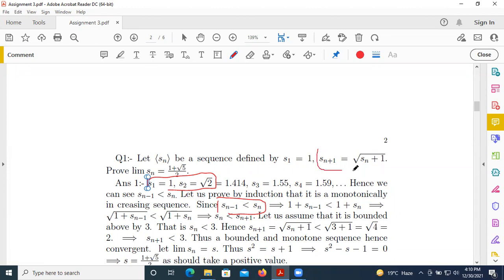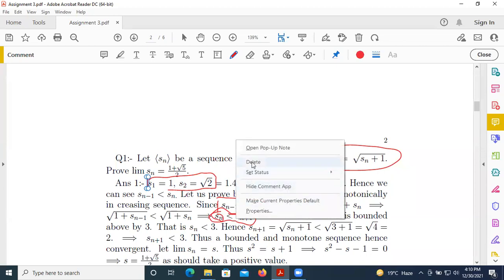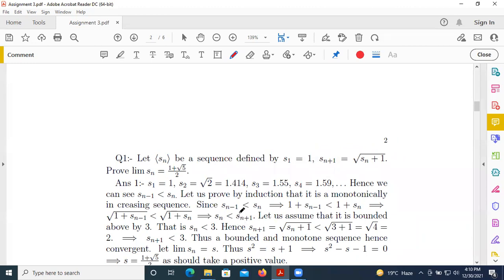Now by this given relation, root of 1 plus Sn minus 1 is equal to Sn, and root of 1 plus Sn is equal to Sn plus 1. So this result holds also for n plus 1. So by the mathematical induction method, this is true for all n belonging to natural numbers, and this is the definition of a monotonically increasing sequence.